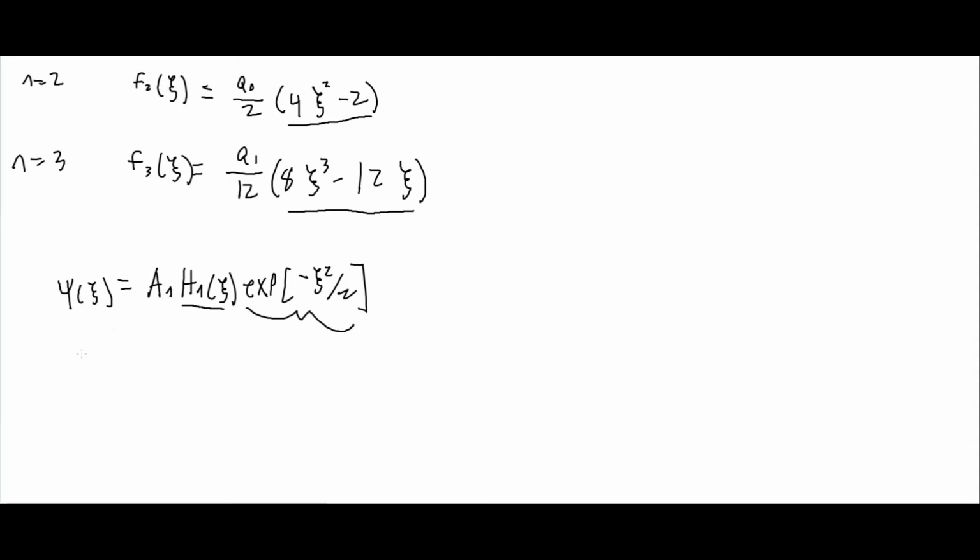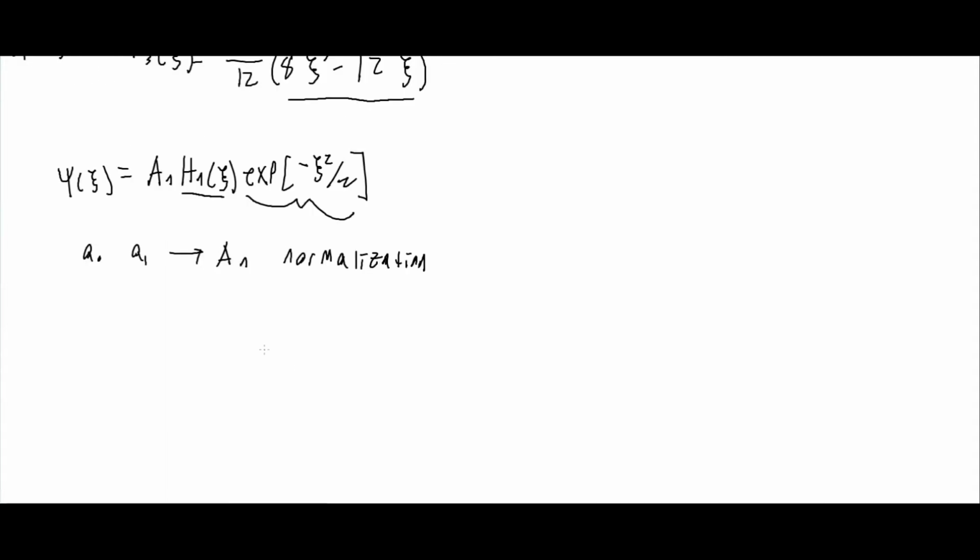And so now we can say that a sub 0 and our a sub 1, we can say that those are like our a sub n's. And this is for a normalization. This is a normalization factor. And I will show here how we actually get that.